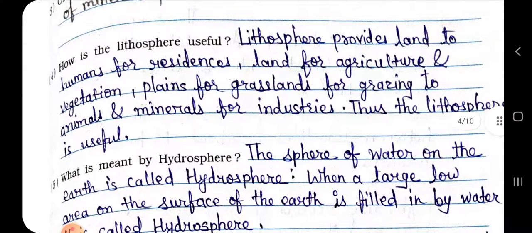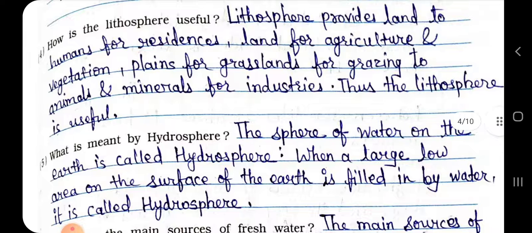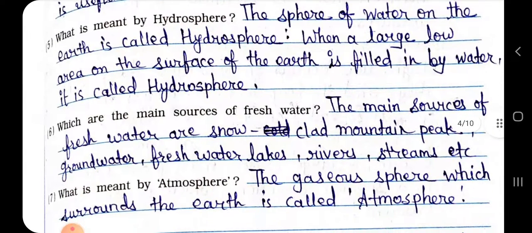How is the lithosphere useful? Lithosphere provides land to humans for residences, land for agriculture and vegetation, plains and grasslands for grazing to animals, and minerals for the industries. Thus, the lithosphere is useful.